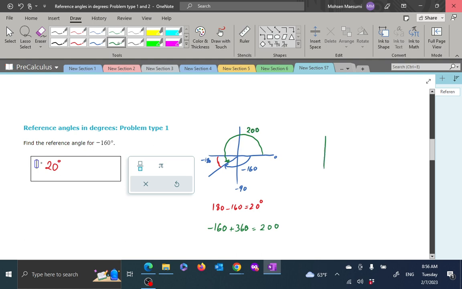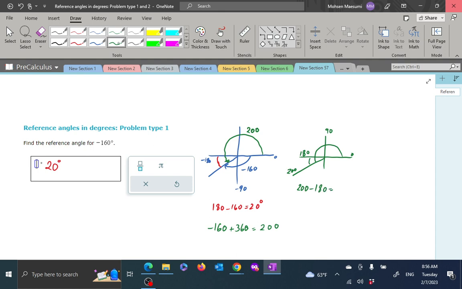Let's redraw the picture. 200, I'm going 0, 90, 180. I'm stopping at 200. 200 is here, so the extra I need to go becomes 200 minus, we just passed 180. How much did we pass it by? By 20 degrees, and I get the same answer.